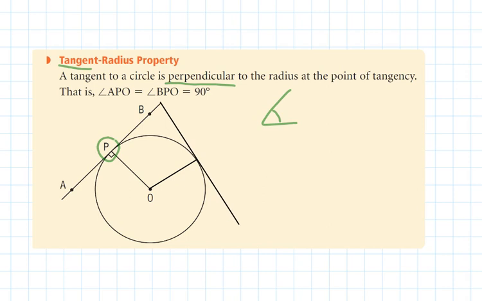So this is the point of tangency. Let's call this point Q. So this angle right here is a 90-degree angle. That's what this theorem says.